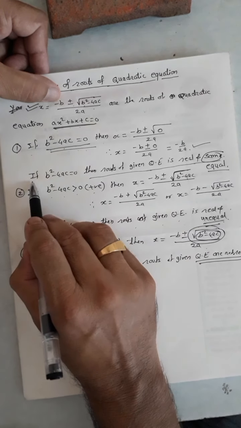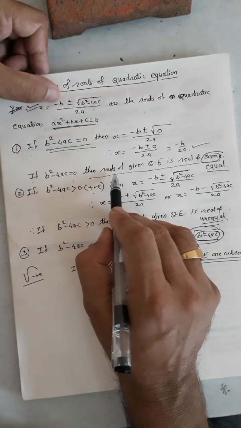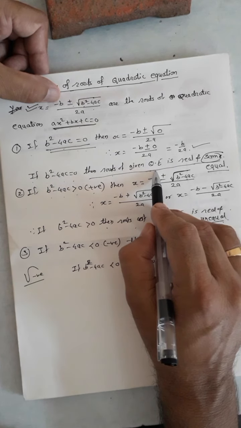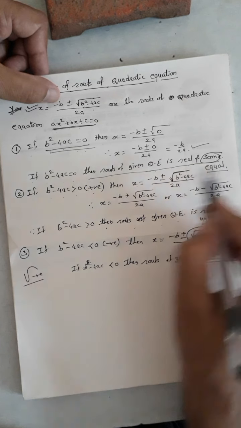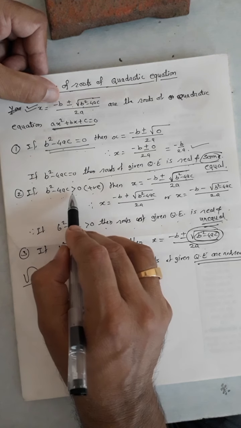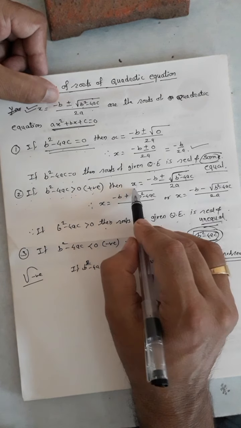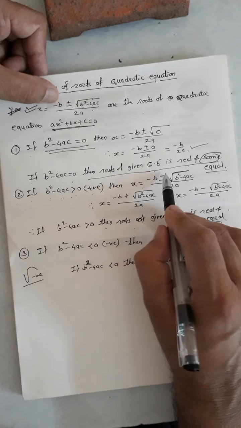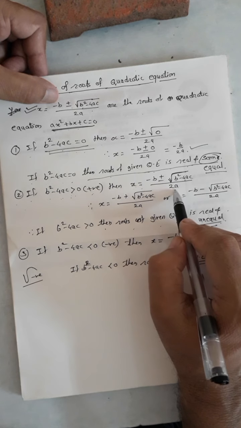So we say that if b square minus 4ac is equal to 0, then roots of given quadratic equation are real and equal. Secondly, if b square minus 4ac greater than 0, means positive, then x is equal to minus b plus or minus square root of b square minus 4ac upon 2a.